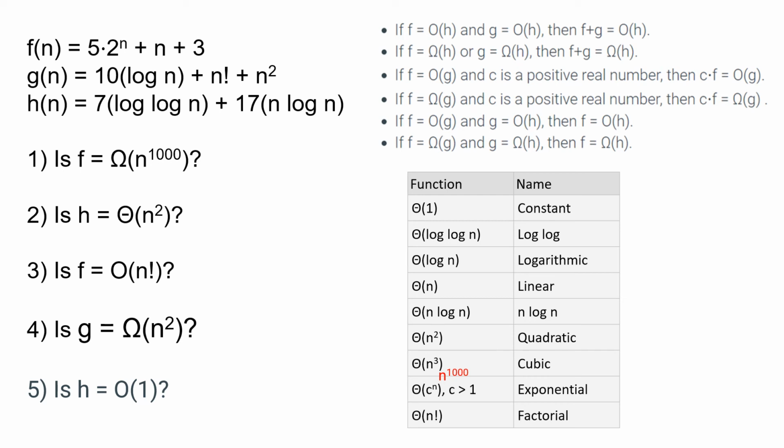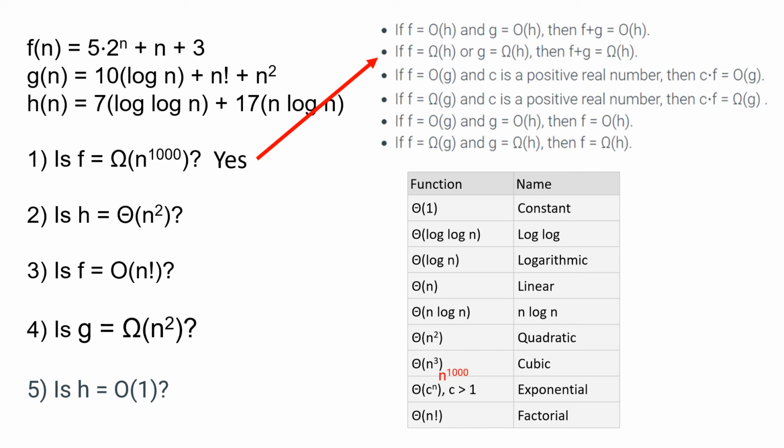So that means that either f or g has to be omega of that h, but not both of them. So if we take a look at this, and remember we're looking at f here, is f omega of n to the 1000? It is, and why? Because of that second one: is either of these terms omega of n to the 1000?